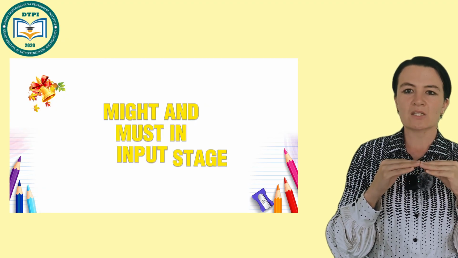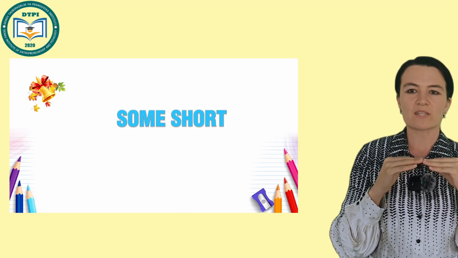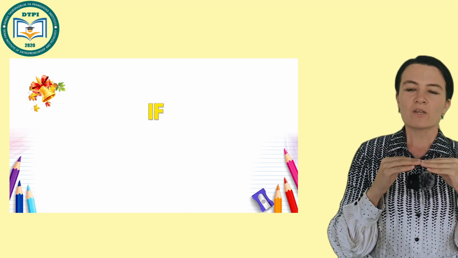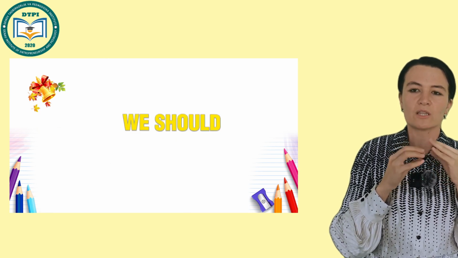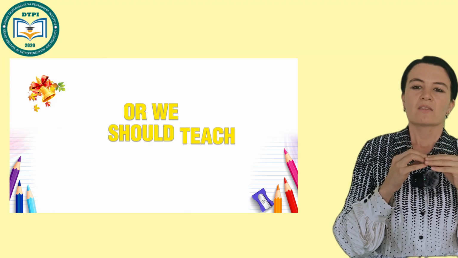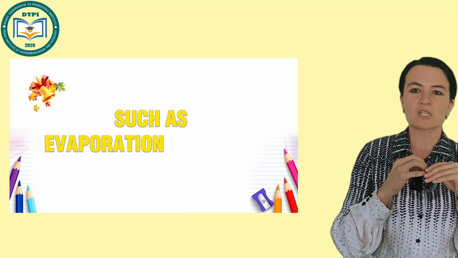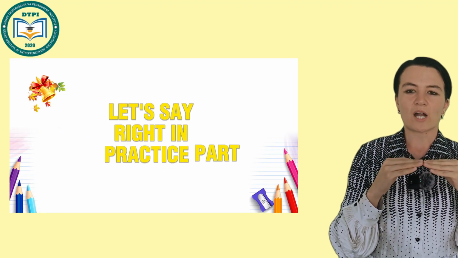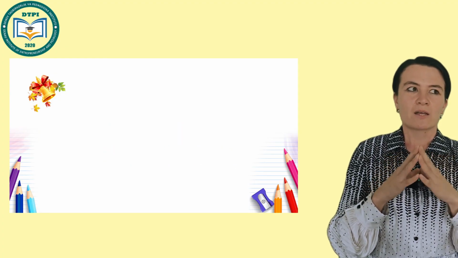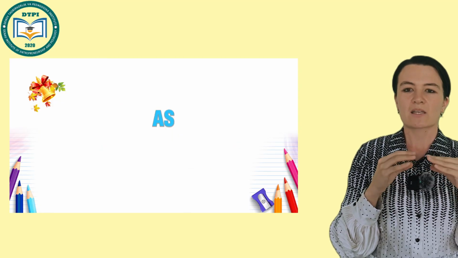In the input stage, we can watch a video, read some short texts, right? If we focus on our language, we should teach some key vocabulary words such as evaporation, condensation, right? In the practice part, our students can label some diagrams as group work.